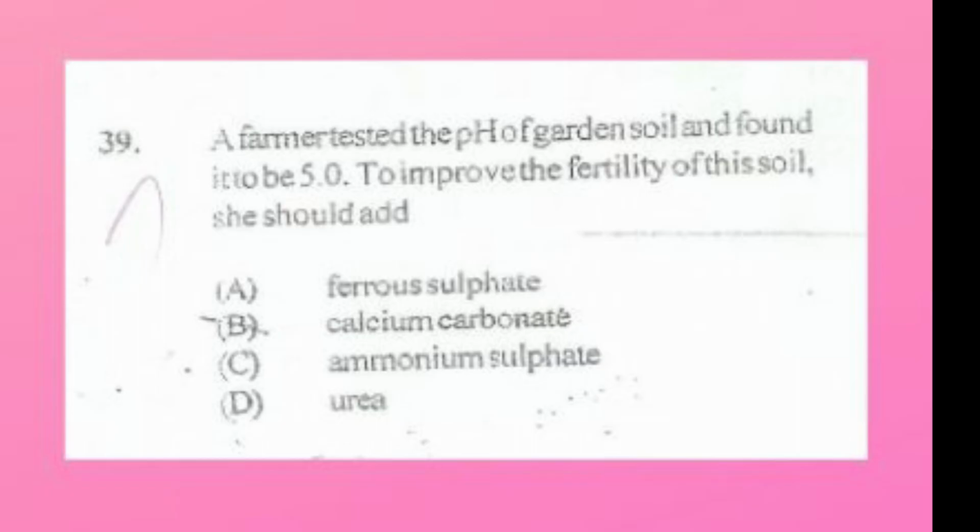Question number 40. Item 40 refers to the following information. A guava tree that produces sour guavas is homozygous recessive for sweetness. This tree is crossed with another guava tree that is homozygous dominant for sweetness.